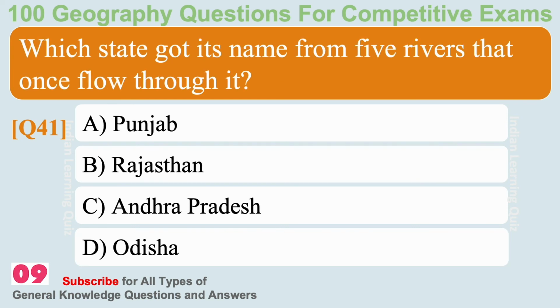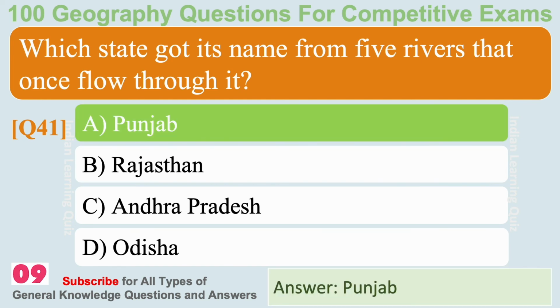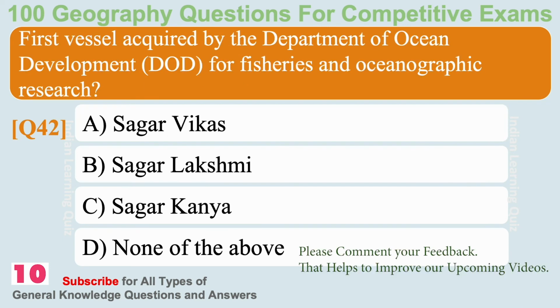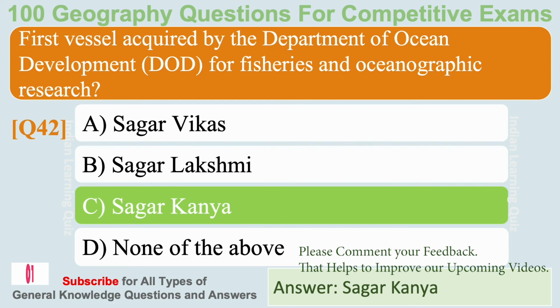Which state got its name from five rivers that once flowed through it? Answer. Punjab. First vessel acquired by the Department of Ocean Development (DOD) for fisheries and oceanographic research. Answer. Agarkanya.